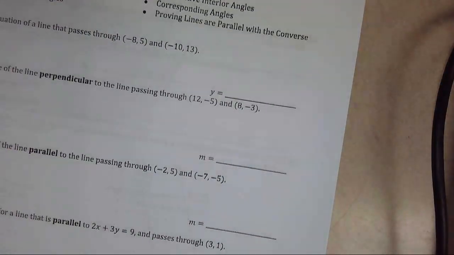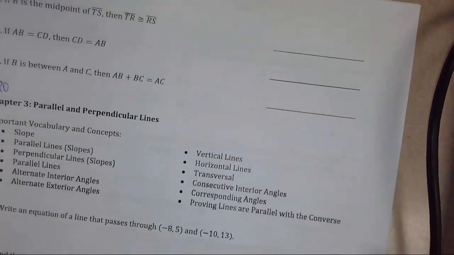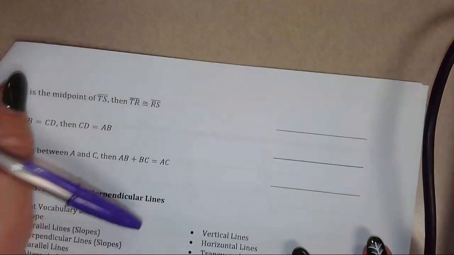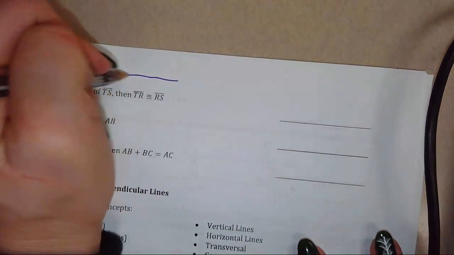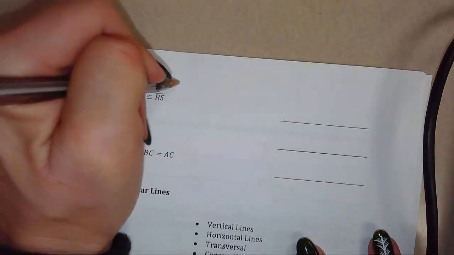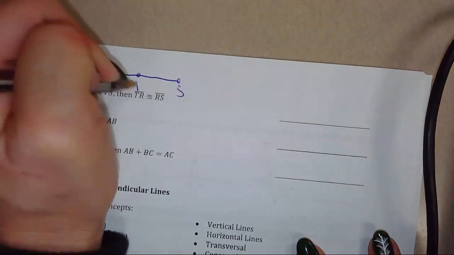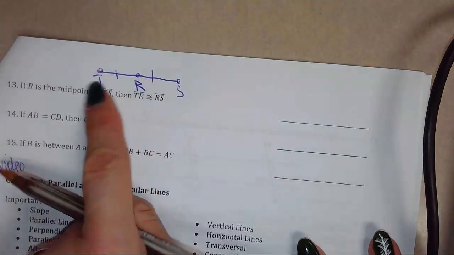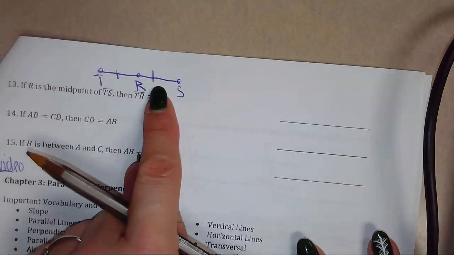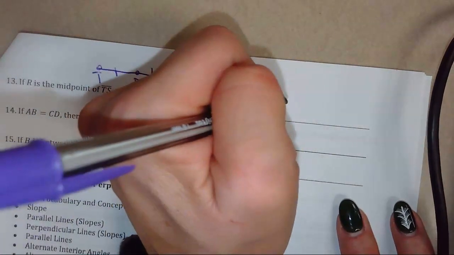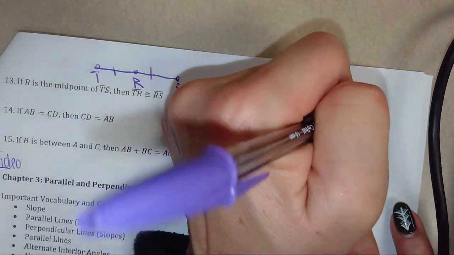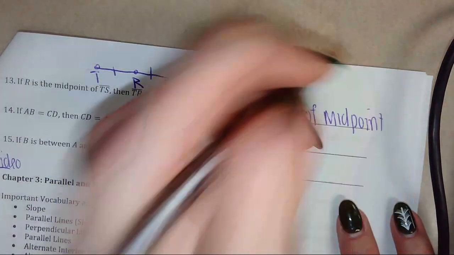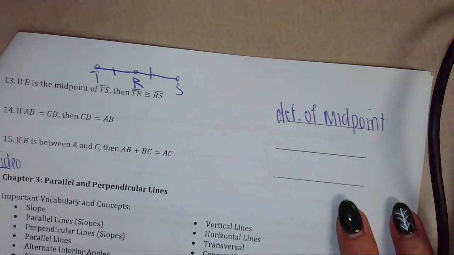And moving right along, if R is the midpoint of TS, so here's TS, just to give you a visual, and R is right in the middle, then TR is congruent to RS. Definition of midpoint.